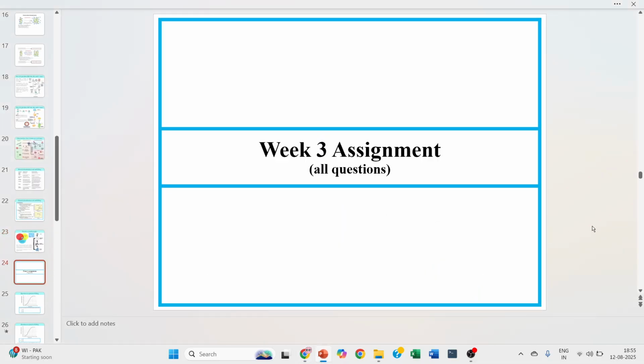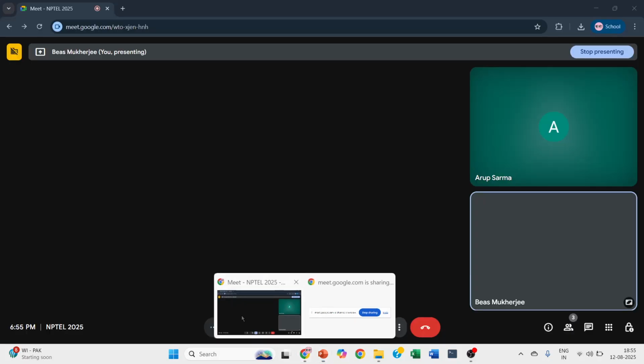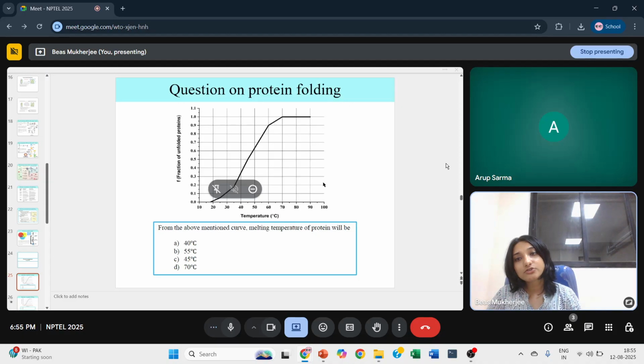Now we'll move on to the week 3 assignment questions. Try to solve this question. This is a graph that tells you, from the above mentioned curve, the melting temperature of the protein. So how do you calculate the melting temperature? This is the temperature axis and this is the fraction of the unfolded protein.